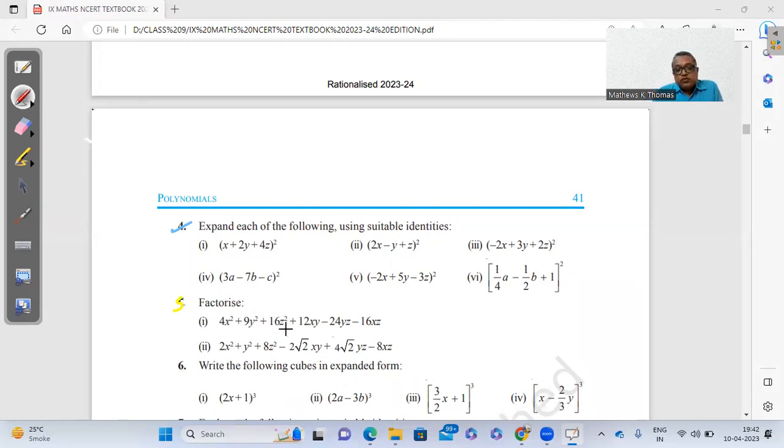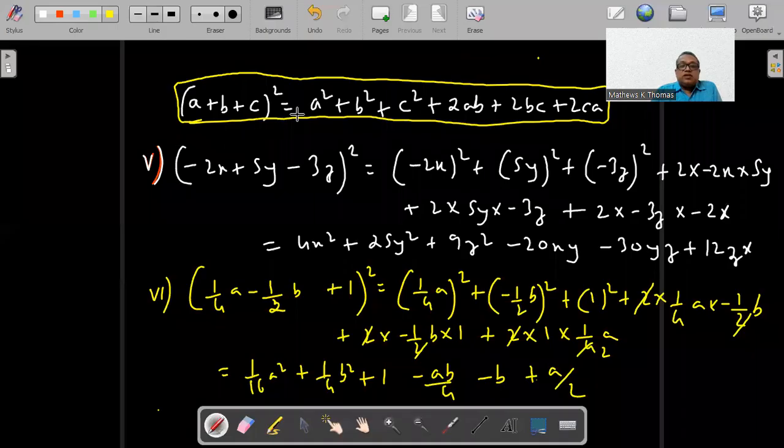4x square plus 9y square plus 16z square plus 12xy minus 24yz minus 16xz. So let me just note down this.